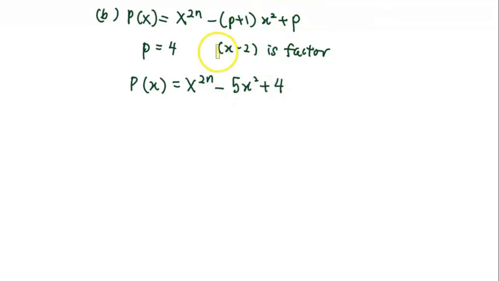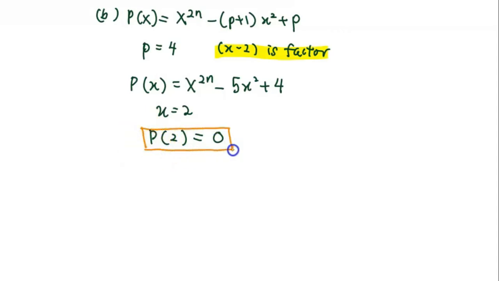Now we use the factor theorem. From x minus 2, we see x will be equal to 2. From the factor theorem, P(2) will equal 0. Remember to write our factor theorem correctly. So when it is a factor, it equals 0. Now we will substitute 2 into our polynomial.